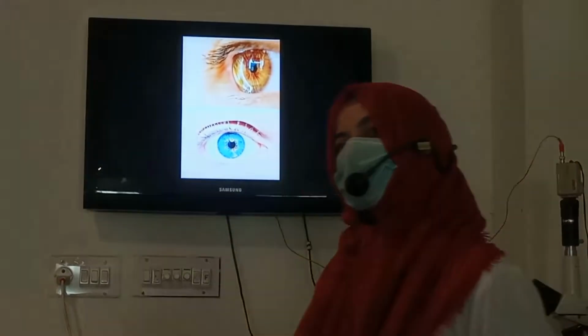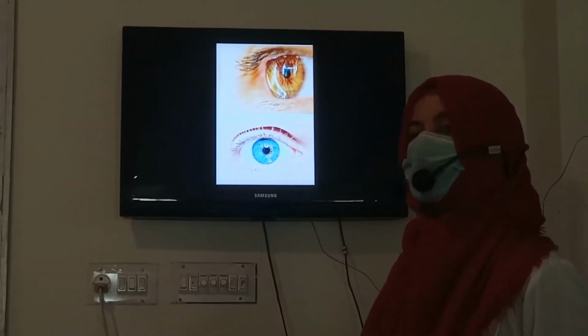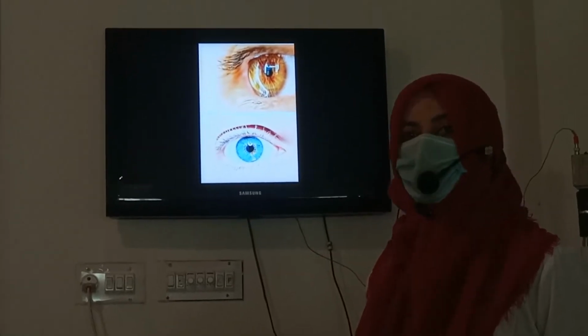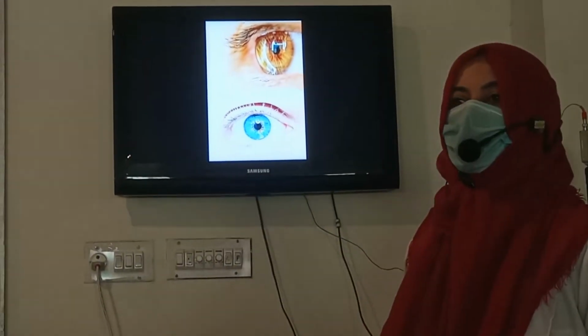Right? So here we are concerned with vision, the most important thing being that your eye is the window towards your brain, isn't it? The light has to enter your eye and form an image on the retina.